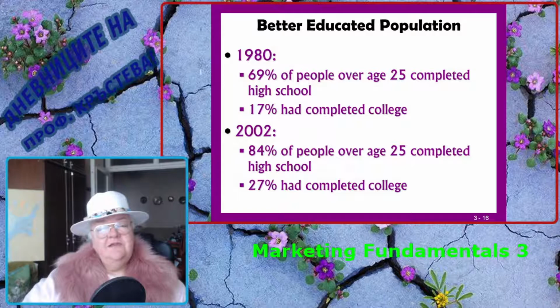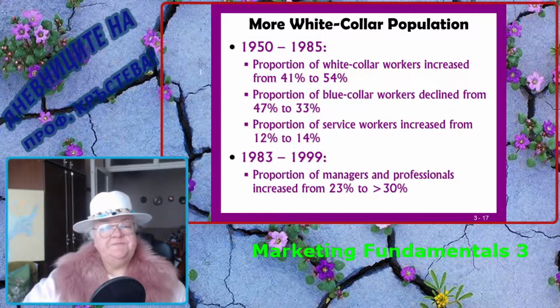In the 1980s, 68% of people over the age of 25 completed high school and 17% have completed college. In 2002, 84% of people over the age of 25 completed high school and 27% have completed college. There is a more white-collar population.